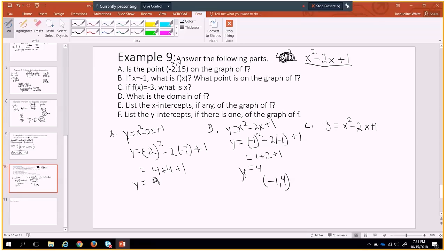Now all we have to do is solve for our x's when f of x is equal to -3. Why does that minus sign keep disappearing? All right, so to solve for x, we move this -3 to the right side, so we have 0 is equal to x squared minus 2x plus 4.